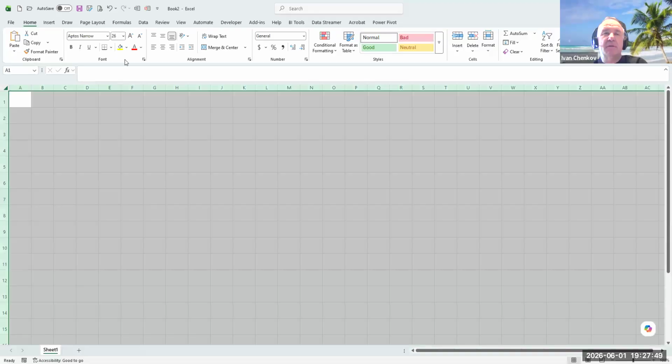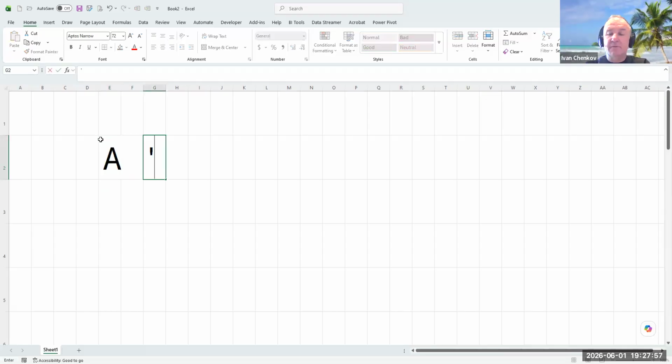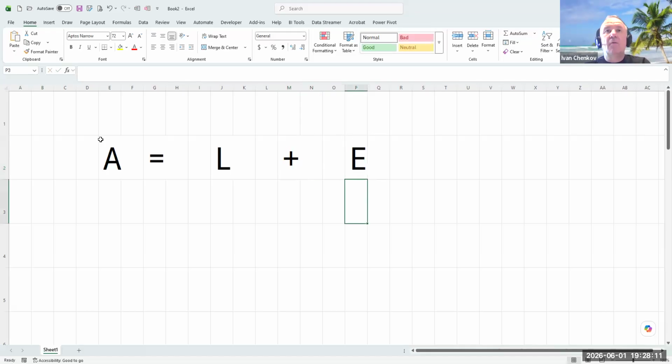So in the big picture, I have this accounting equation. Let's make it bigger. I have this accounting equation, which is asset equals liability plus equity. What do I know?